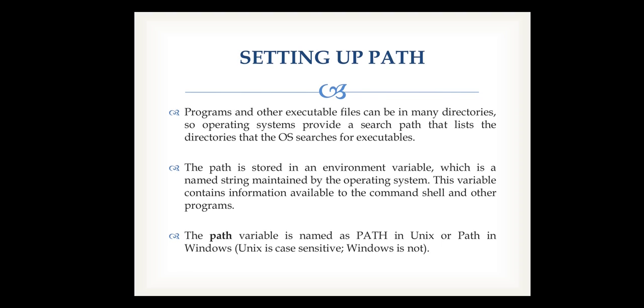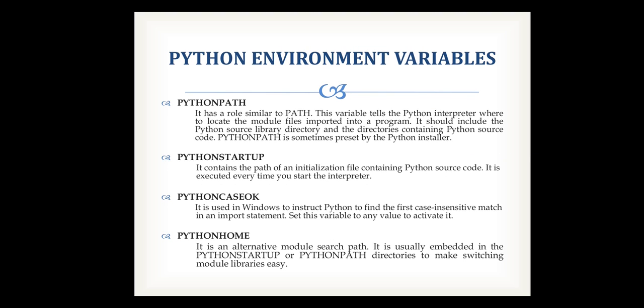This variable contains information available to the command shell and other programs. The path variable is named PATH in Unix or Path in Windows. Unix is case sensitive, but Windows is not, so you can write in small or uppercase letters; it doesn't matter in Windows.